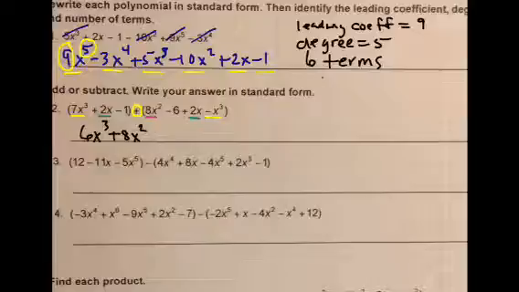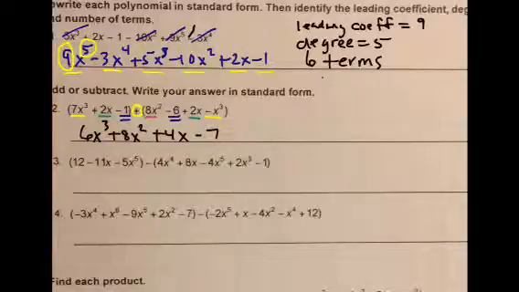So 2 plus 2, that's 4. And then you look for a constant. Alright, and finally, the constant, we have -1 and -6, so that's going to be -7.